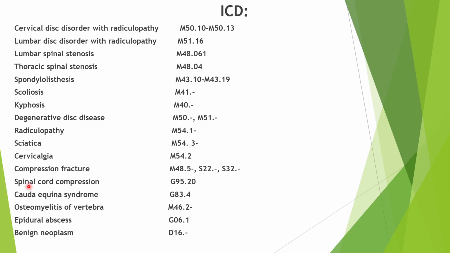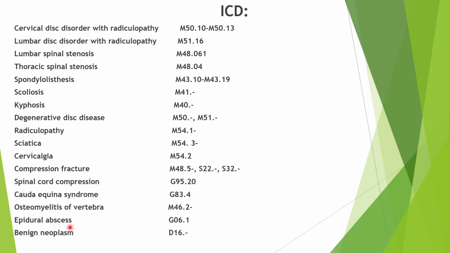The next one, that is spinal cord compression, pressure on the spinal cord caused by a disc, tumor, infection, or stenosis. Now the next one, that is cauda equina syndrome, compression of the bundle of nerves at the lower end of the spinal cord. Okay, and osteomyelitis of the vertebrae, which is a bacterial or fungal infection affecting the vertebral bone.